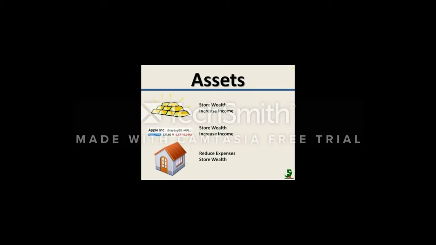While there are some generalizations here and it is possible to find exceptions, it is most likely that one invests in gold to store wealth and potentially increase income by buying low and selling high. Stock is usually held for the same reasons. A home may reduce our expenses over the long term when compared to renting, and it typically stores wealth fairly well.